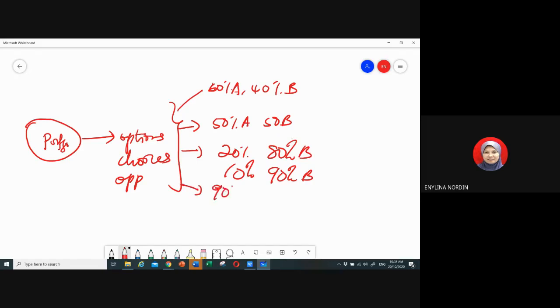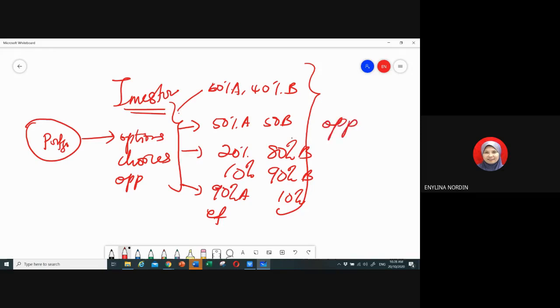Maybe 90% in A and 10% in B and etc. So maknanya banyak choices, okay, that are available to the investor. So these choices is called as an opportunity set.